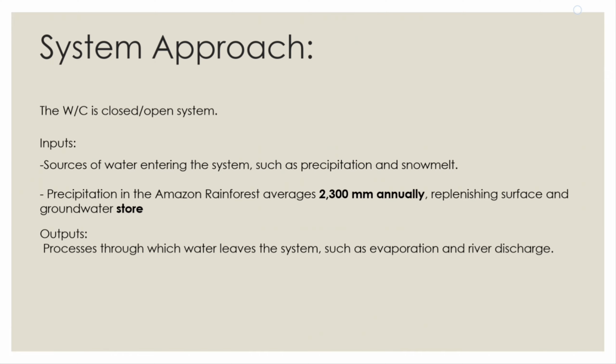Also, you may find it easier to write four separate bullet points talking about the system approach if that suits you. I would personally go by saying the water cycle is a closed system on a global scale, and we get inputs of precipitation into our system. For example, the Amazon rainforest receives around 2,500 millimeters of rainfall annually. Finally, we get outputs of evaporation.